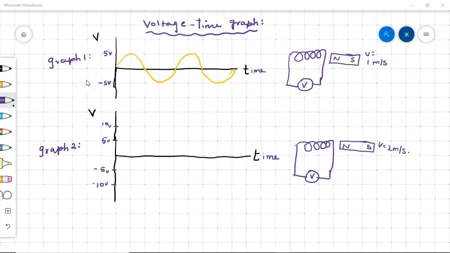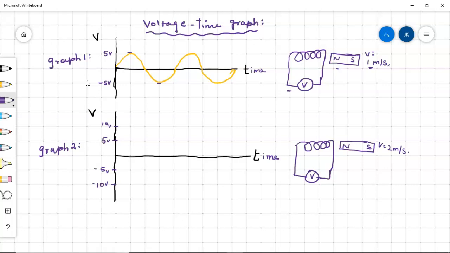A voltage-time graph. Here is a solenoid and the magnet, and the speed of the magnet is, for example, 1 meter per second. As it moves with the speed of 1 meter per second, it produces 5 volts positive and here 5 volts negative.